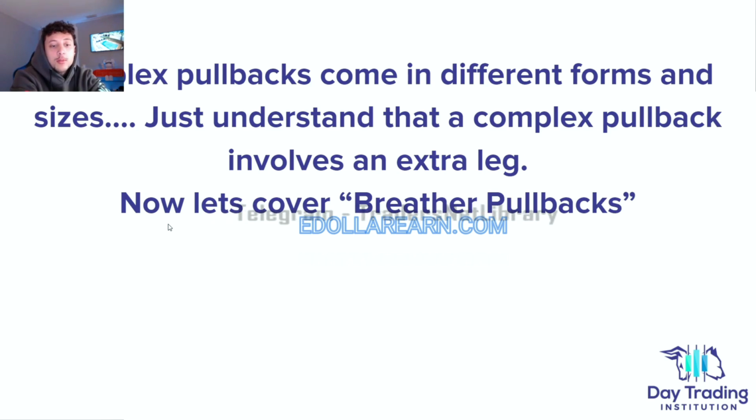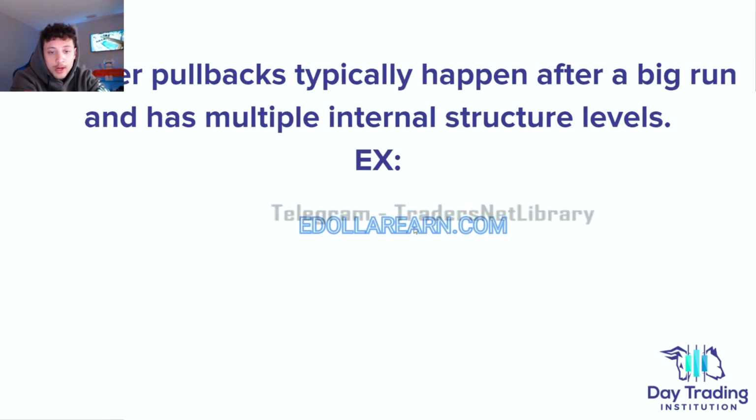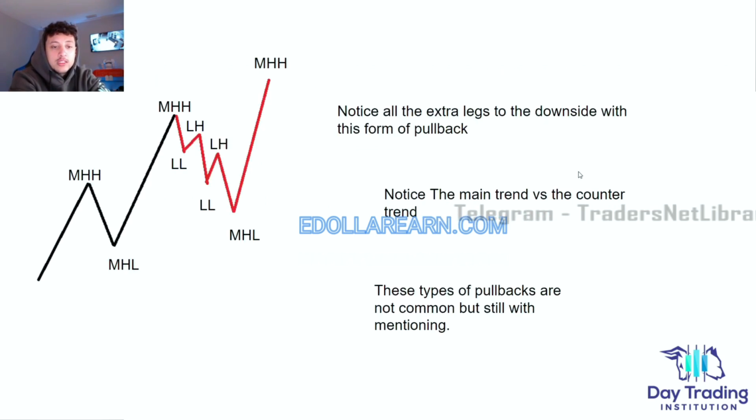Now let's compare the complex pullback to a breather pullback. A breather pullback typically happens after a very big bullish or bearish run and has multiple levels of internal structure. For example, when we look at market structure, we're going to have our main points of market structure where we know if that level breaks, it is going to be an invalid trend and the trend may reverse.